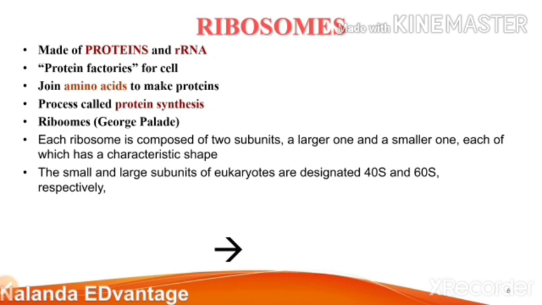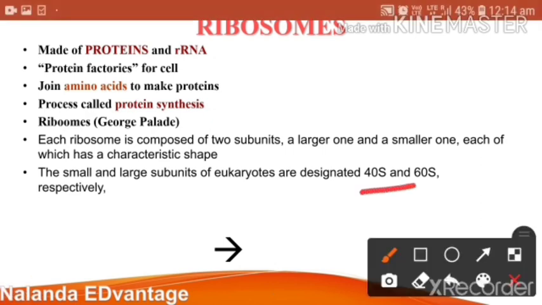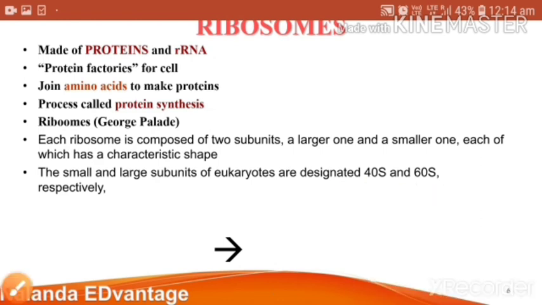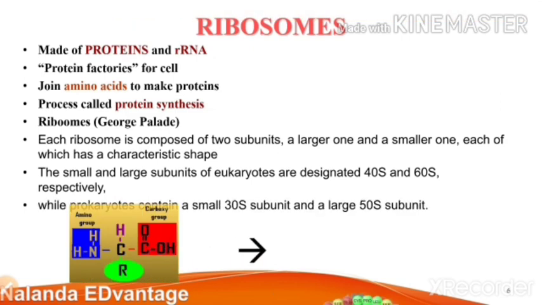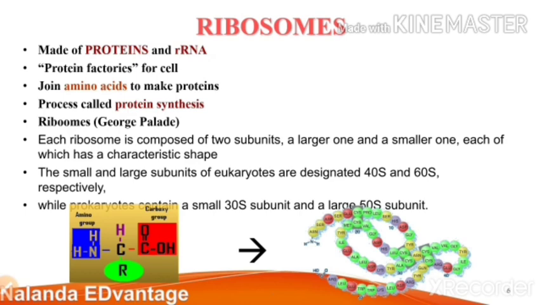This S, the capital S that you're seeing here, is basically the Svedberg unit, which is the coefficient that we get by centrifuging these subunits. While prokaryotes contain a small 30S subunit and a large 50S subunit. So this is the major difference between the eukaryotic and the prokaryotic subunits.